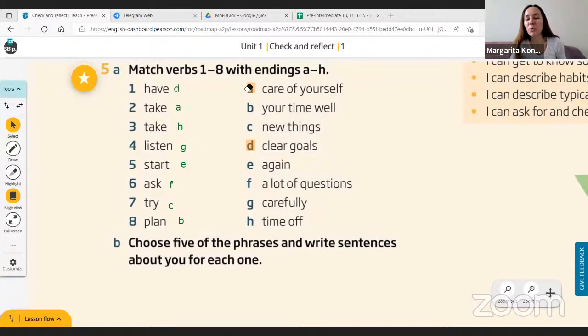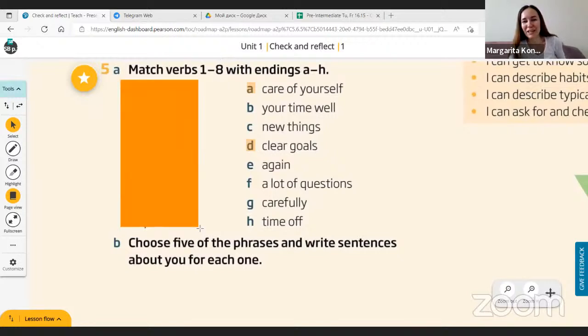Do you remember what all these phrases mean? Do you remember all these phrases? Yes, I do. Yes, you do. Okay. Let's try them a little more. Have a look. I'm going to close them. I'm going to tell you a phrase from here.